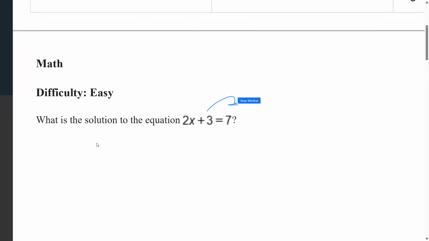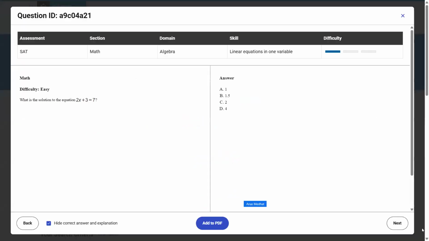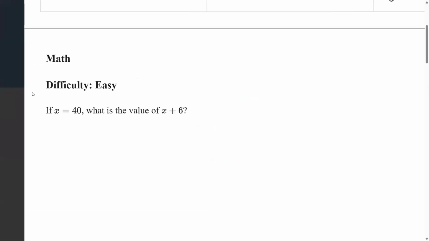Shift this and divide by 2. 4 equals to x. So x is equal to 2. This is very easy question. Just substitute x with 40. 40 plus x is 46.